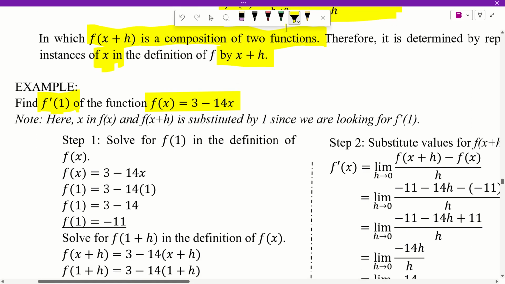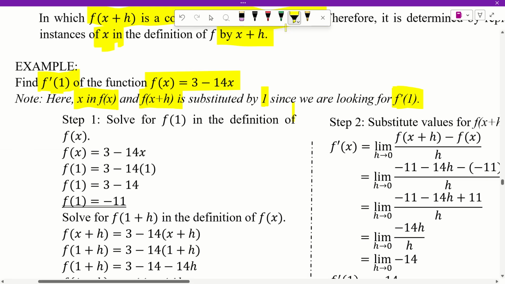As you can see, x in f of x and f of x plus h is substituted by 1, since we are looking for the derivative of the function at x equals 1. So here is our function, then we change the x into 1.